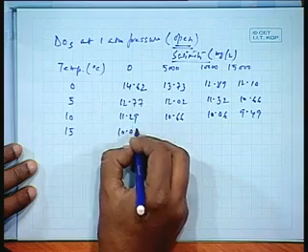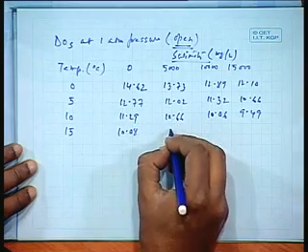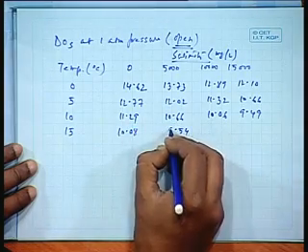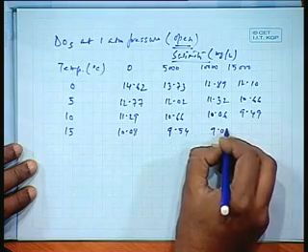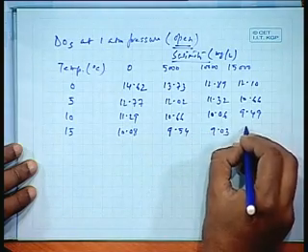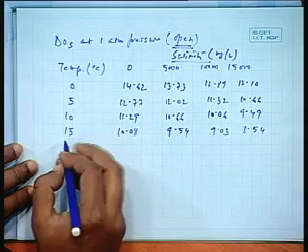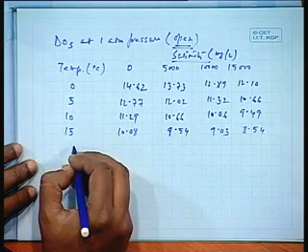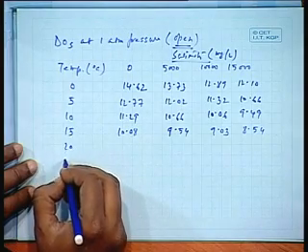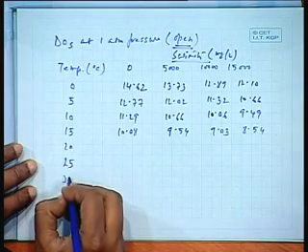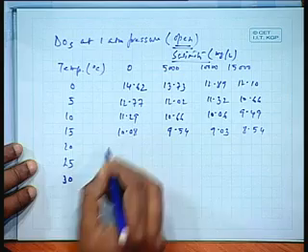Fifteen is 10.08, 9.54, 9.03, 8.54. Then 20, 25, 30.